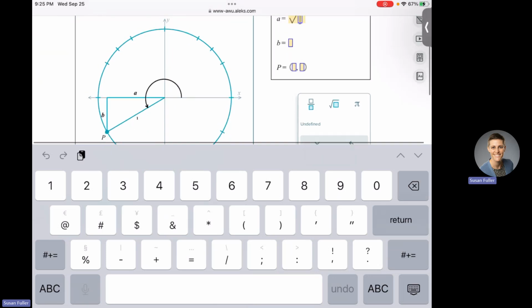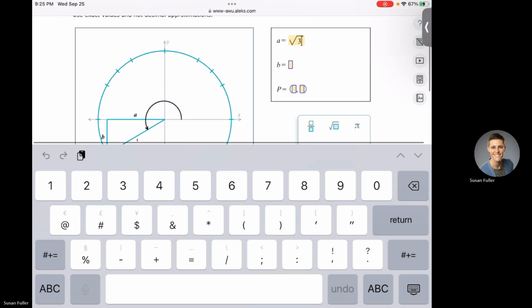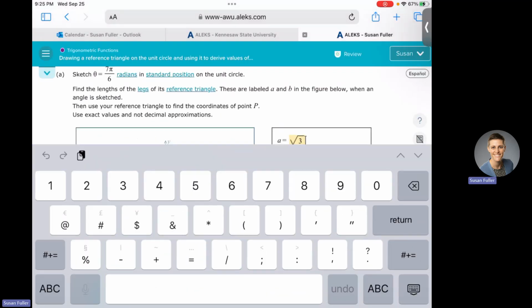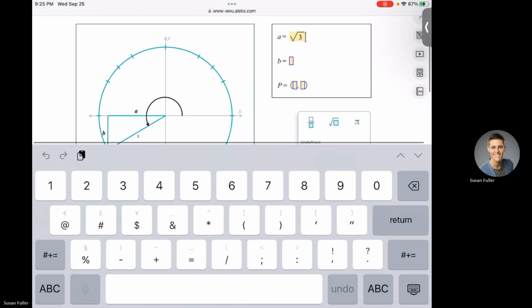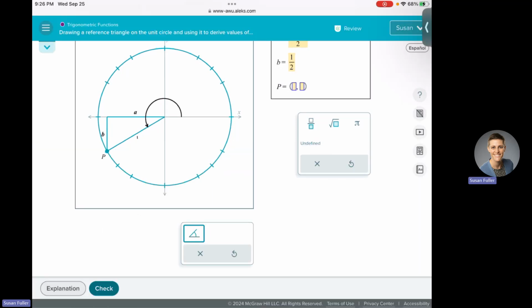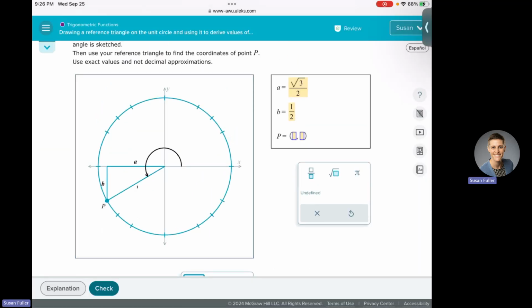So this is going to be the square root of 3 over 2, and my B value is going to be 1/2. Again, I know these would be negative in quadrant 3, but when you put your A and your B into Alex, they will be positive.